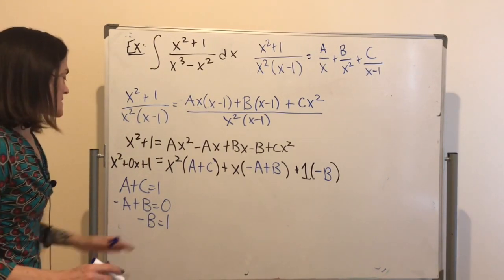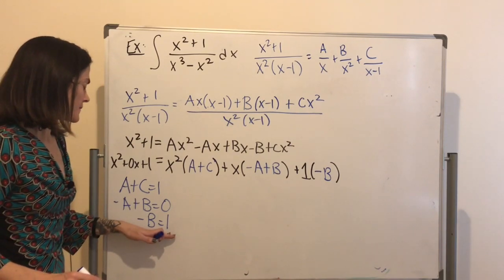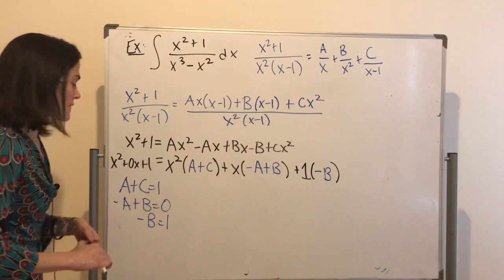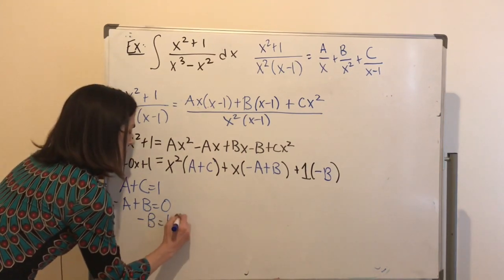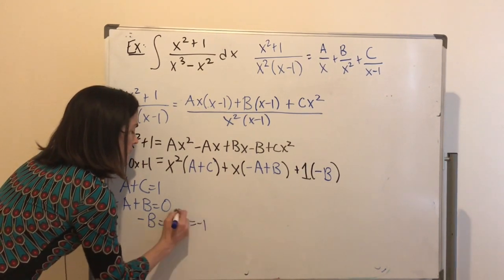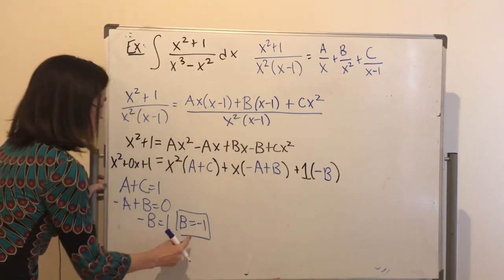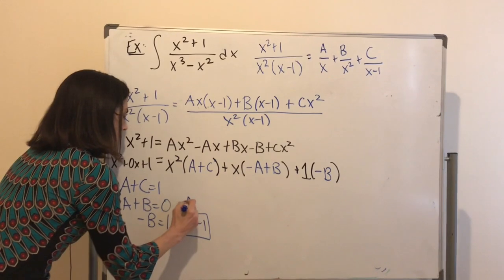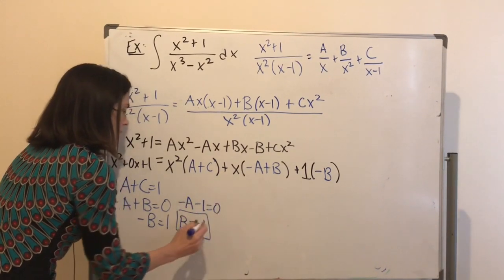Okay, well this is I think maybe even easier to solve as a system than our first one, because immediately we see b is -1. And then we go up to here. If b is -1, this is minus a minus 1 is 0.